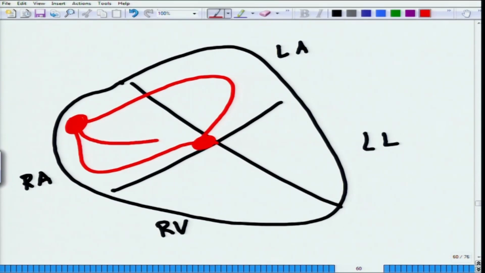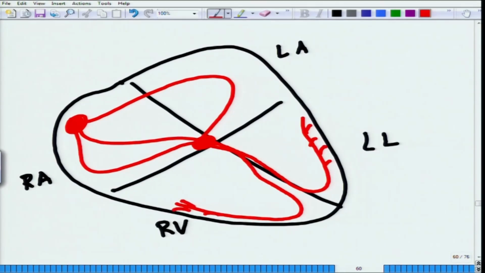Here you have the AV node, and from the AV node the circuit moves like this. So, this is the SA node, this is the AV node, this part is the bundle that you see out here, and these are the Purkinje fibers.